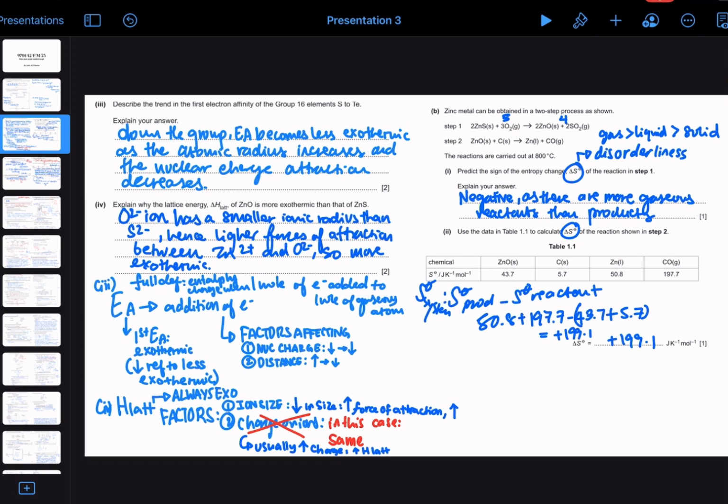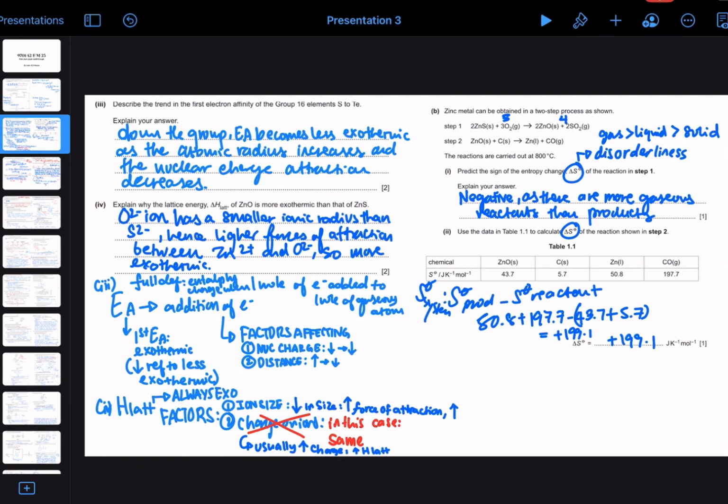Basically down the group, the electron affinity becomes less exothermic. Why? Because the atomic radius increases and the nuclear charge attraction decreases. So down the group, atomic radius increases and nuclear charge attraction decreases. That's why your electron affinity becomes less exothermic.